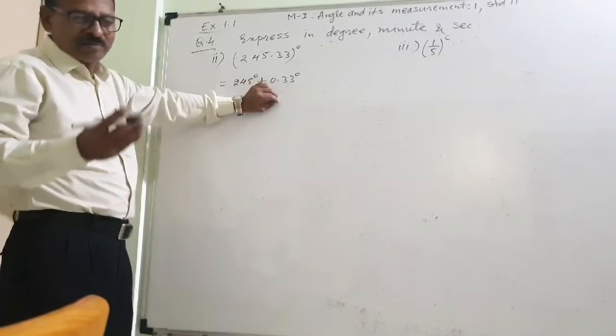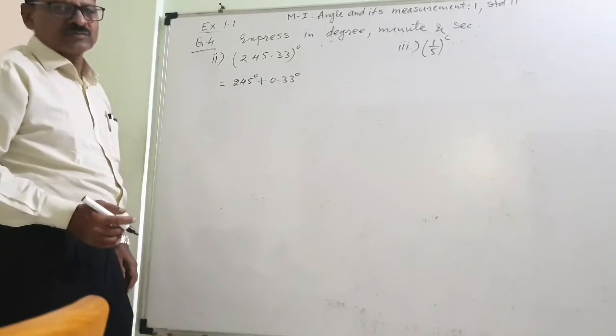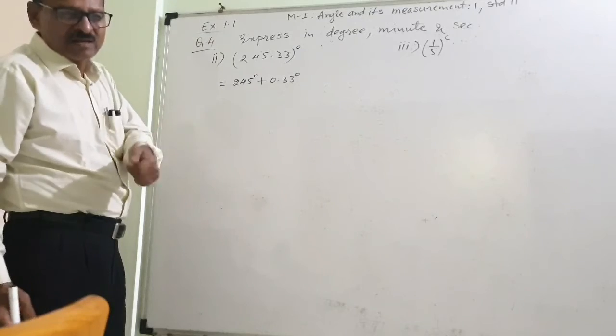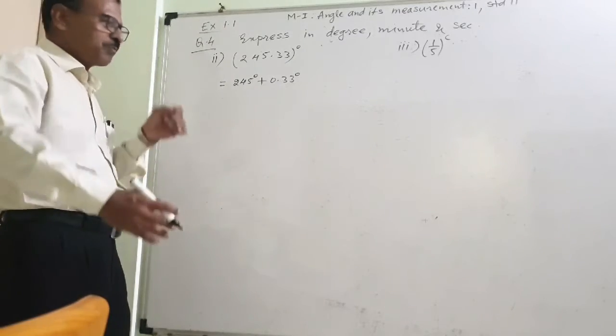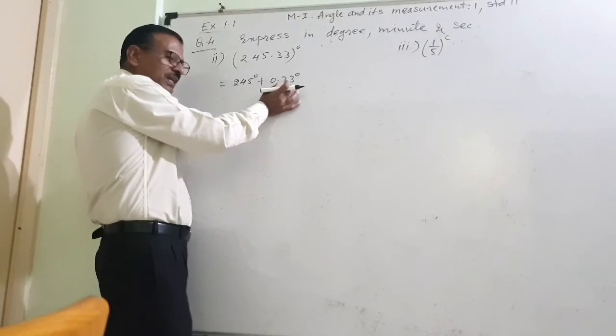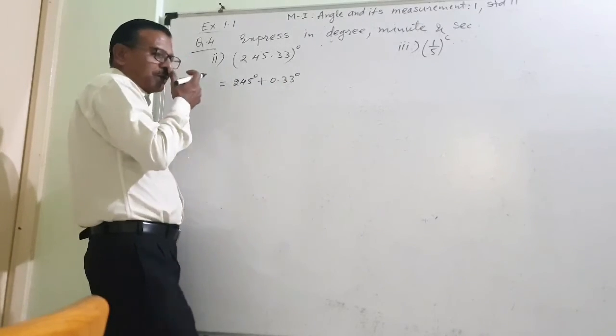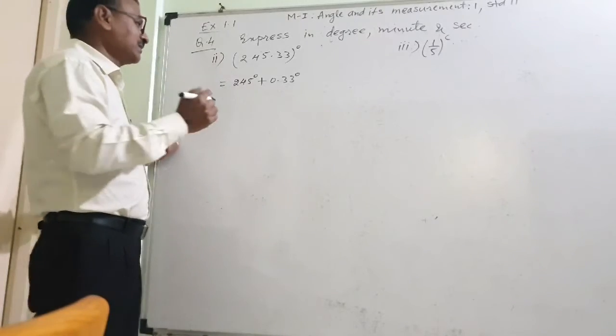This minute, second, why? Because it is a small part. Why do we use paise? Because it is a small part of a rupee. That's why paise. Similarly, for this 0.33 degree, for that expression, we use minutes and seconds.